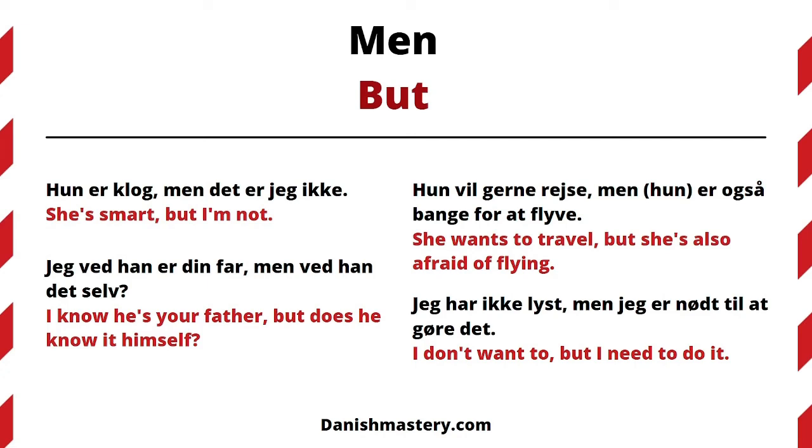And this hun, she is optional because we already know it and we have it here. Hun vil gerne rejse, so you don't have to say it. You can, but you don't have to. Også bange for at flyve. Flyve. Excellent.